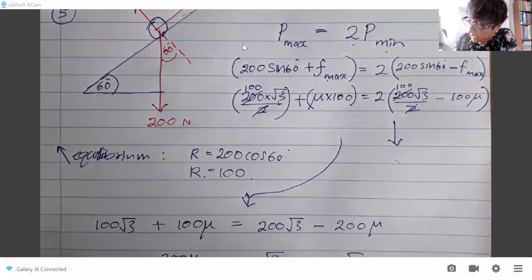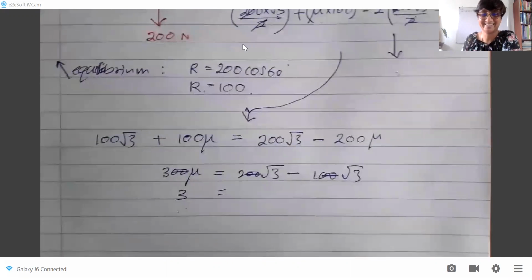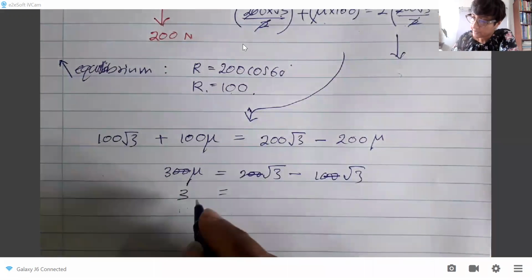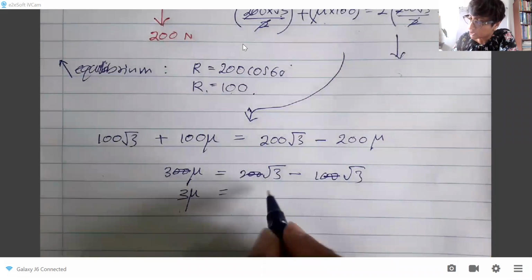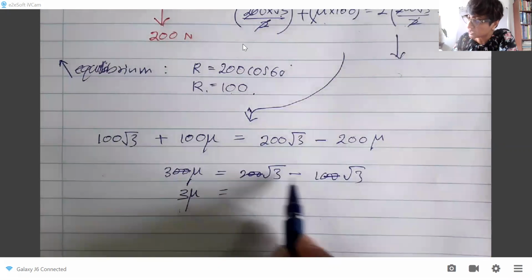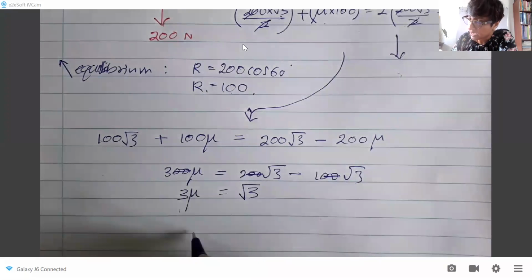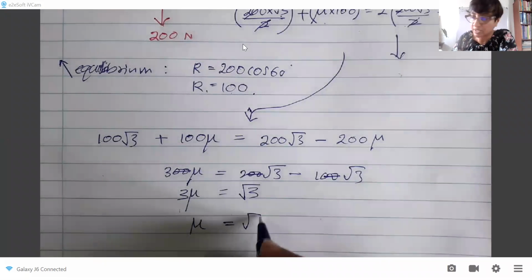I will divide the whole equation by 100. Then I get 3 mu is equal to 2 root 3 minus root 3, which is just 1 root 3. And mu is root 3 over 3.